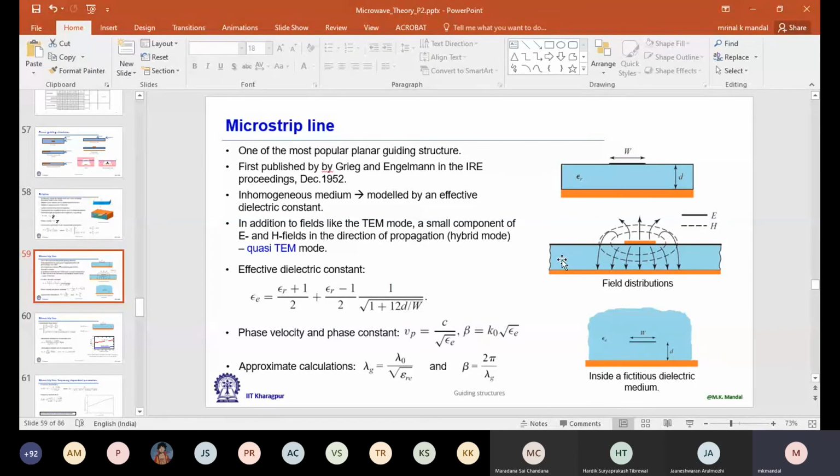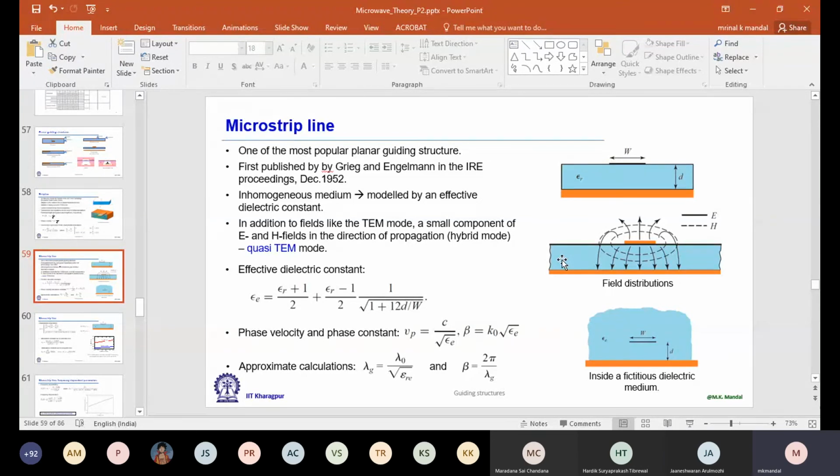It's not that only the even mode or only the odd mode will exist in an actual microwave system, but we decomposed it into two different groups so that we can easily explain the phenomena. In a practical scenario, we have both of these modes, a mixture of them. So finally, it will be a superposition.